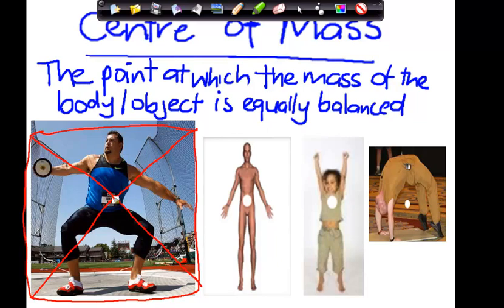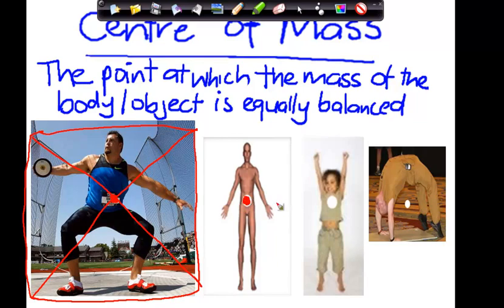So for example, roughly, because my lines aren't very perfect here, this discus thrower's centre of mass is roughly about here. Wherever those lines intersect, that is known as our centre of mass. Moving on to my next example, if I was just standing upright, my centre of mass is pretty much close to my belly button or navel area.